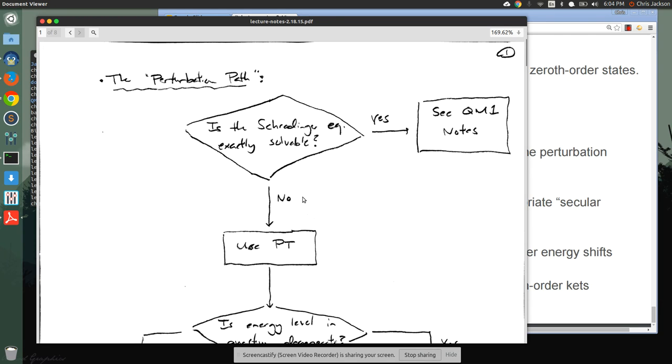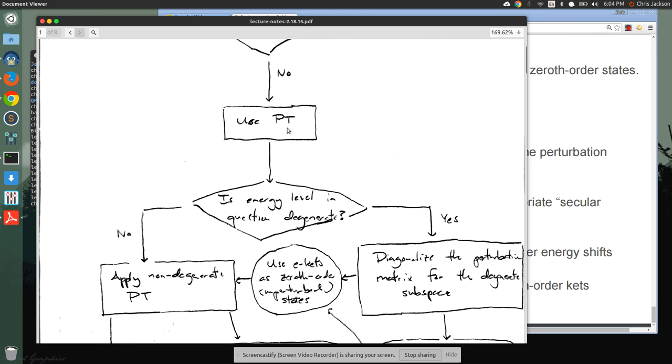We've already seen that you can try to guess a wave function and solve the problem that way, and that's called the variational method. So that would be one path that's not shown here. In the case where the Schrodinger equation is not exactly solvable, but we can split it into a simple piece that we do know the solution for, plus a small piece that we can use as a perturbation, then we can use perturbation theory.